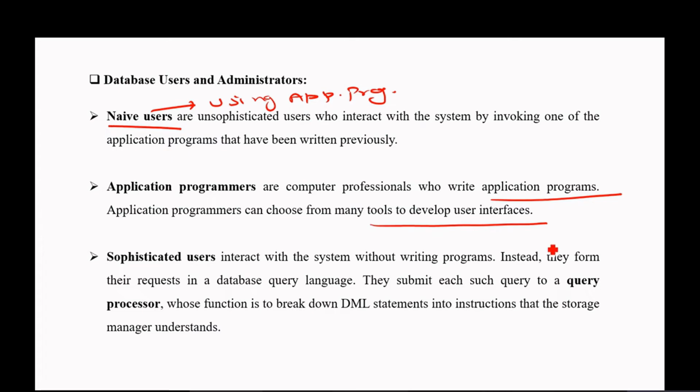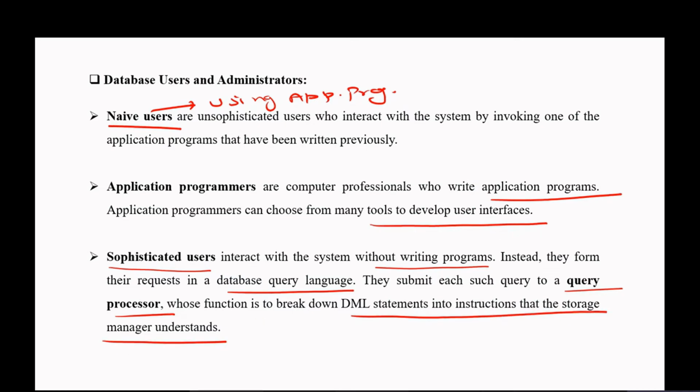Now the people who can actually interact with the database without writing a program, they know how to write a query. They know how to write a SQL query. So they submit each query to a query processor. That query processor breaks down DML statements into instructions and transfers them to the storage manager.